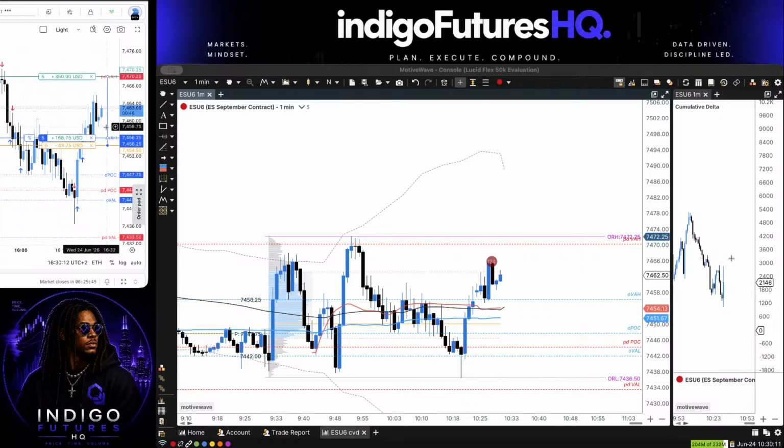We do have a low that we can put our stop beneath now. 458. Tick for a tick, 458.